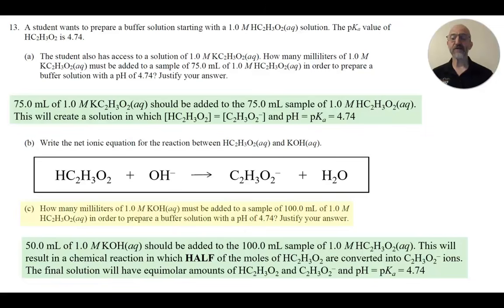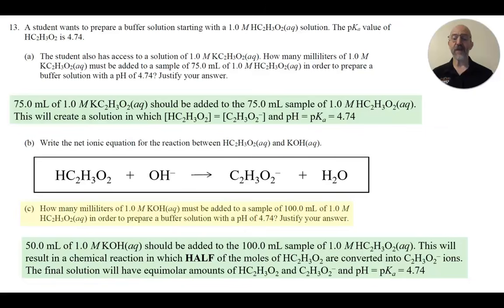If we take 50 milliliters of 1 molar potassium hydroxide, the strong base, and we add that to 100 milliliters of the 1 molar acetic acid, then this will result in a chemical reaction, an acid-base reaction, which you can see represented by the answer to part B, in which half of the moles of acetic acid are converted into the acetate ions.